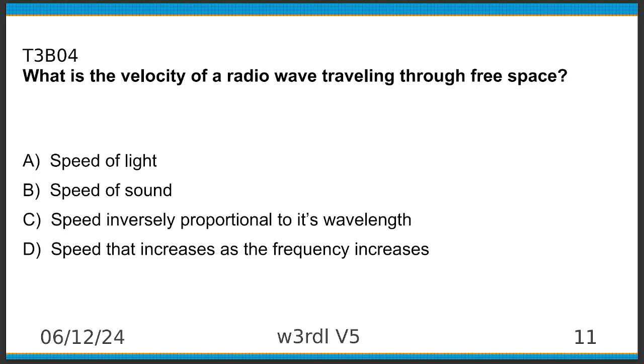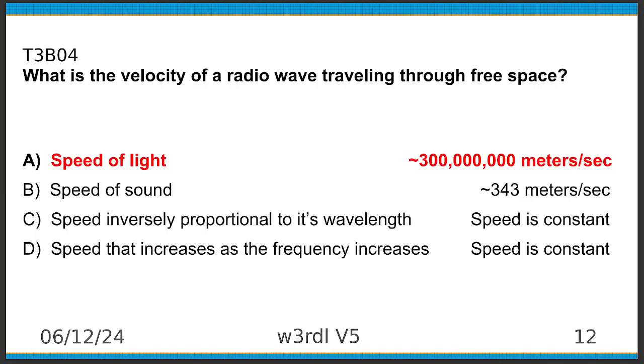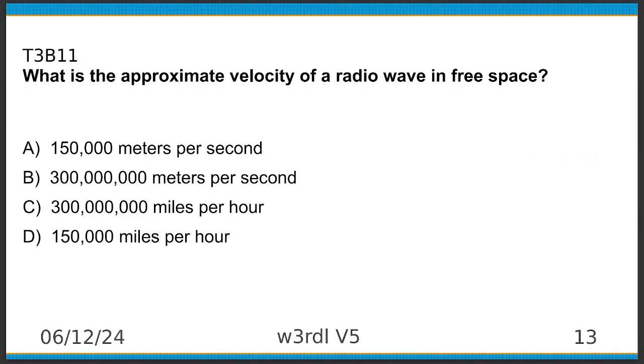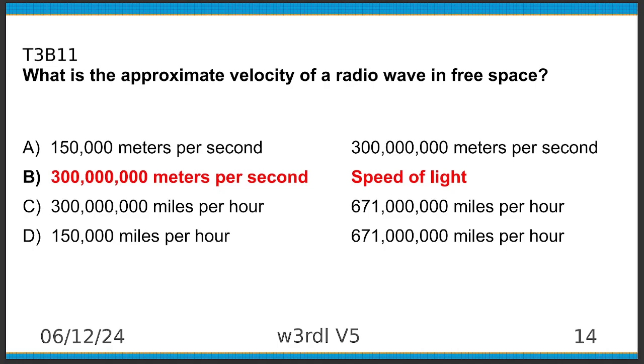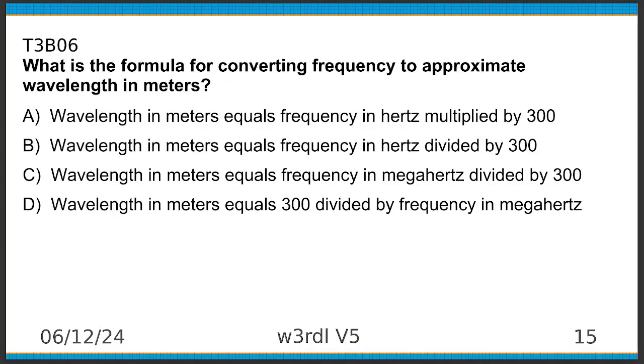Okay, so what is the velocity of a radio wave traveling through free space? Speed of light. Answer B, 300 million meters per second. What is the formula for converting frequency to approximate wavelength in meters?